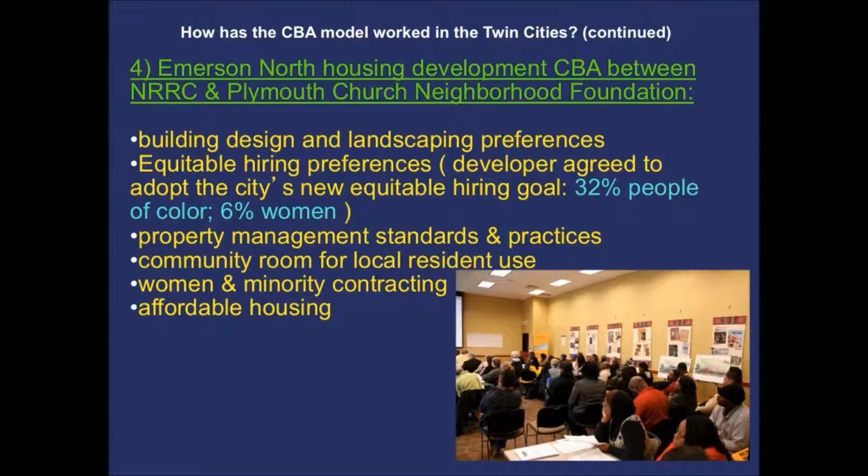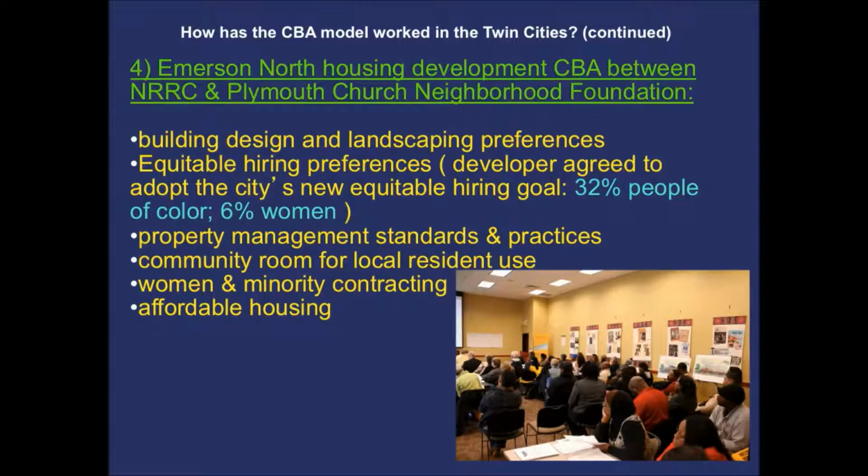Emerson North Housing Development is another example. This is the fourth example. And this was a community benefit agreement process and negotiations between the Northside Residents Redevelopment Council, NERC, and the Plymouth Church Neighborhood Foundation. Plymouth is an affordable housing developer. It's faith-based. And again, there was some neighborhood opposition to adding affordable housing in the community.